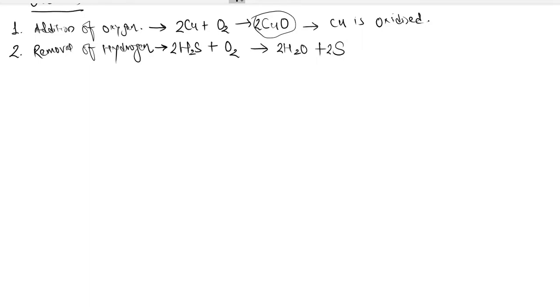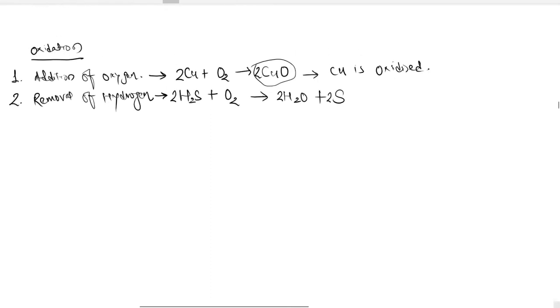But what is happening? We are studying oxidation reaction, right? Is hydrogen getting removed from somewhere? Yes, hydrogen is getting removed from hydrogen sulfide and getting added with oxygen and becoming water. And sulfur is now without hydrogen. Hydrogen is being removed from hydrogen sulfide, so we can write that H2S is oxidized, not sulfur is oxidized.